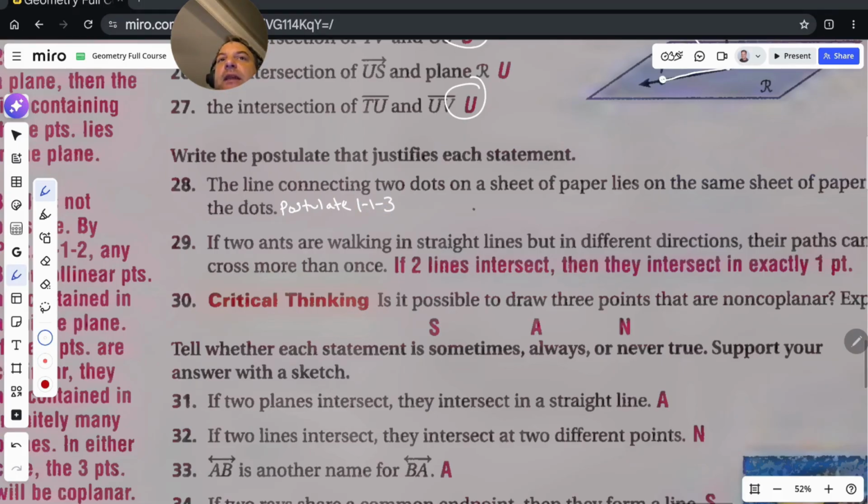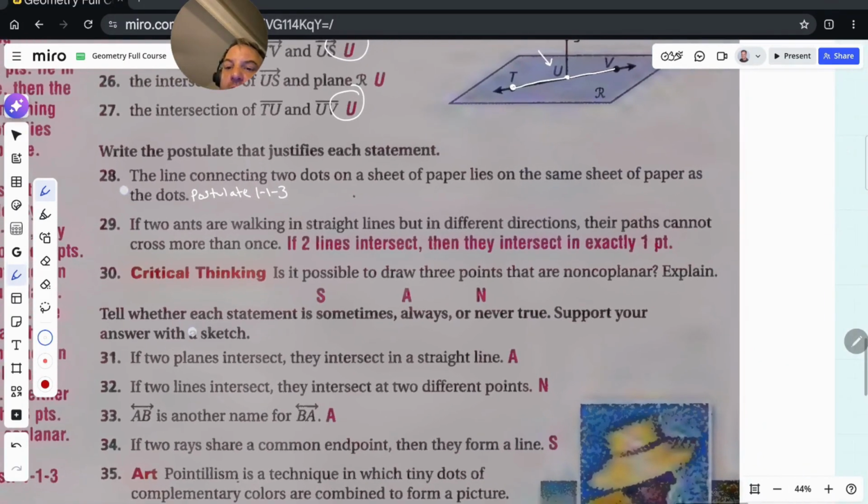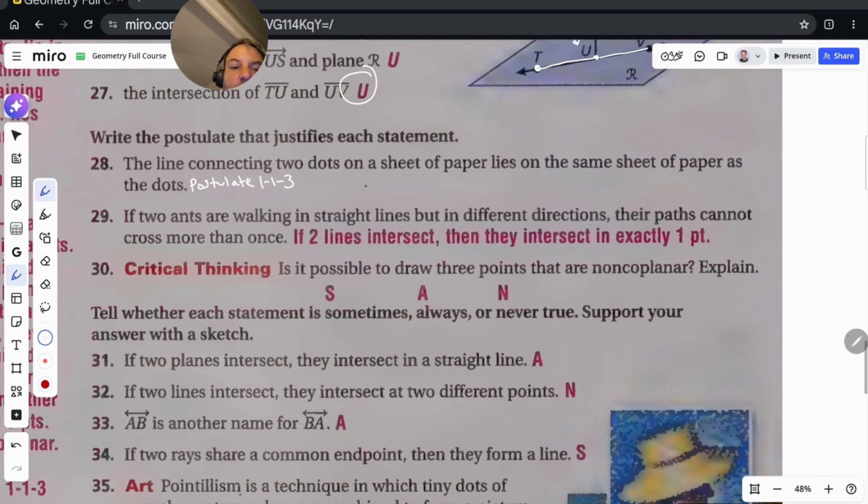If 2 points lie in a plane, then the line containing those points lies in the plane. So postulate 113. 29. If two ants are walking in straight lines but in different directions, their paths cannot cross more than once. All right, this will take us to postulate 114. If two lines intersect, they intersect in exactly one point.